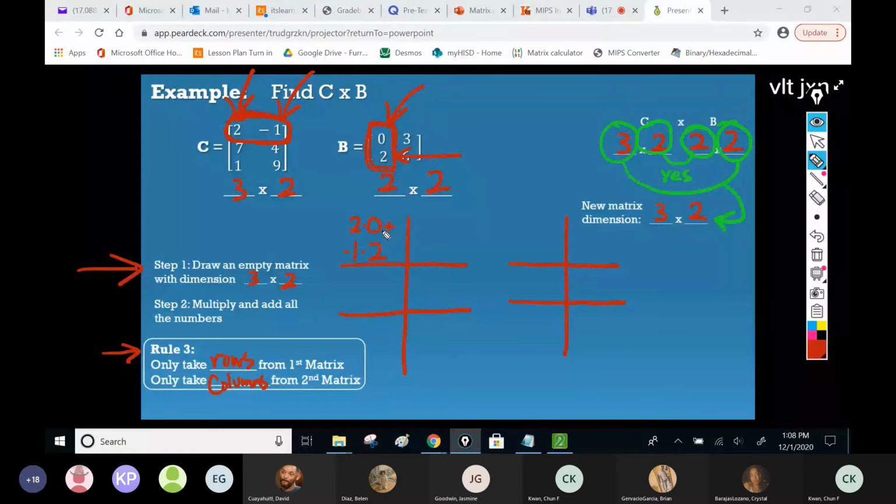So 2 times 0 is 0 plus -1 times 2, which is -2. And then add them up. So 0 plus -2 is -2. So that would be the number in the upper left box right here.